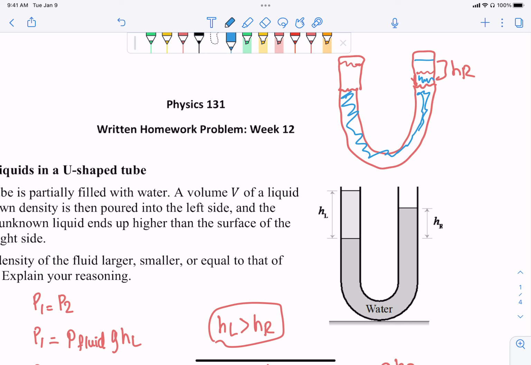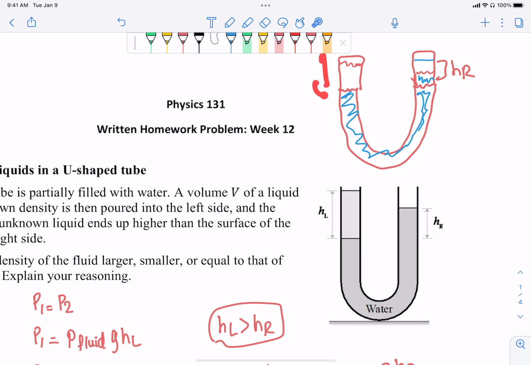Like if I just thought about pushing down on the liquid, right? If I have something more dense, I'm pushing more on the liquid, so that liquid goes up on the right to a higher height, basically. But if I add a liquid, the same amount, so the same height of liquid on the left, but it's less dense, it's like I'm pushing with less force, basically, and causing this height here to go up to a lesser value.